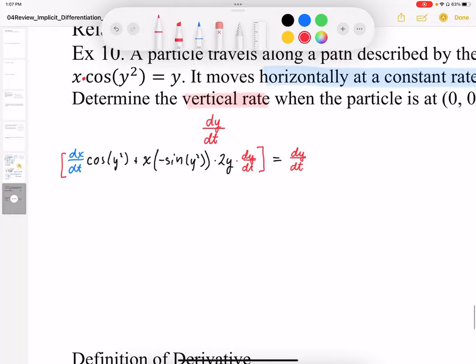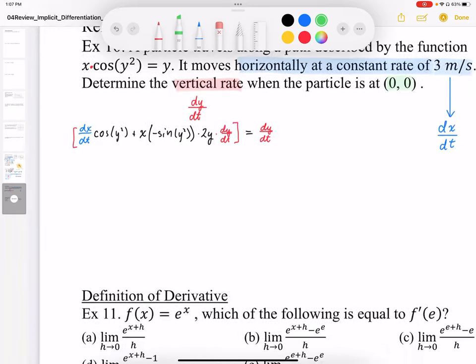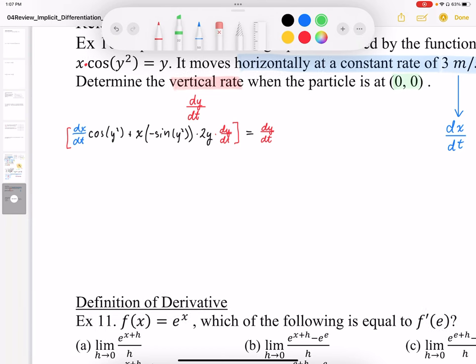Now, I could solve for y prime, but it might be easier in this case to plug in the (0, 0) because that's going to generate a lot of zero parts to this. Okay, so I'm going to have dx by dt, which I know is going to be 3, times cosine of 0 squared, so that's cosine 0, plus x is 0, so I'm going to plug in my 0 here.